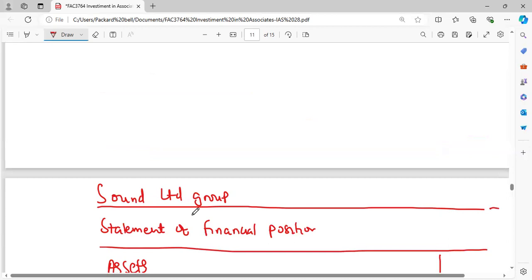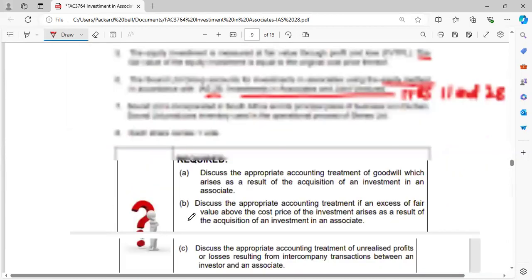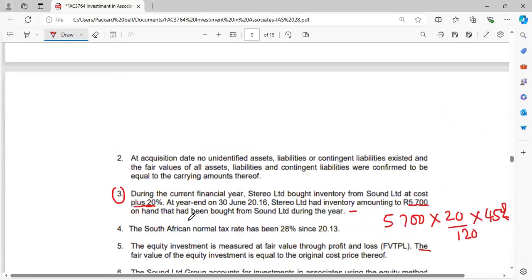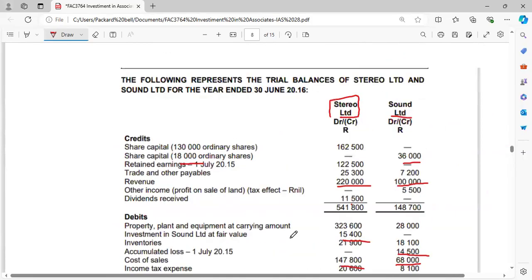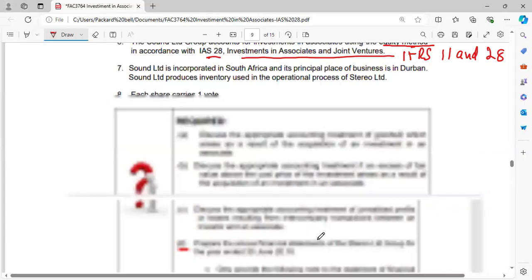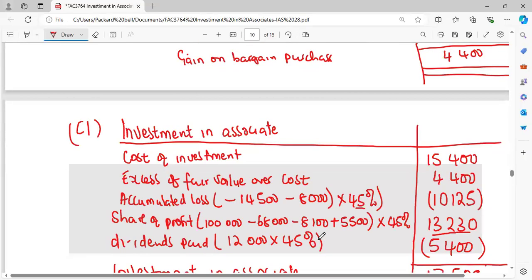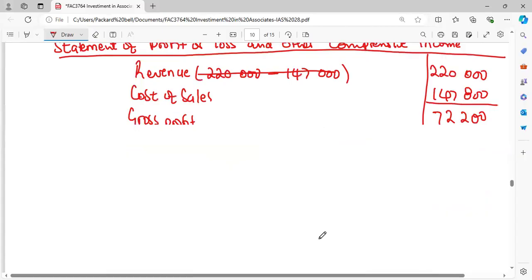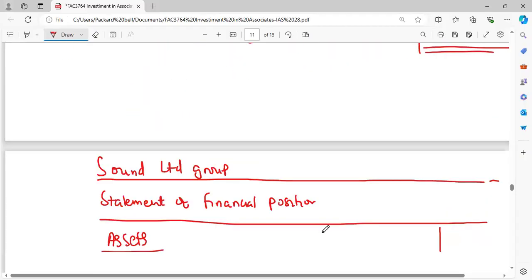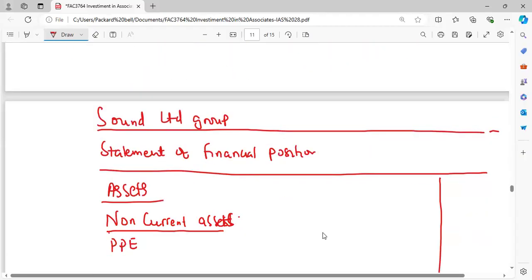Remember, we say we only take the one for the investor. So there is no adjustment. You just come and take 323,600. So PPE is 323,600.